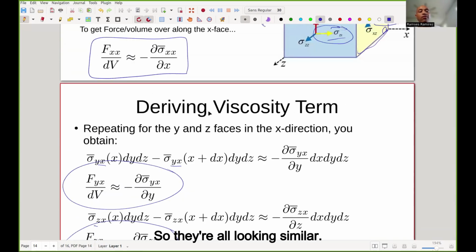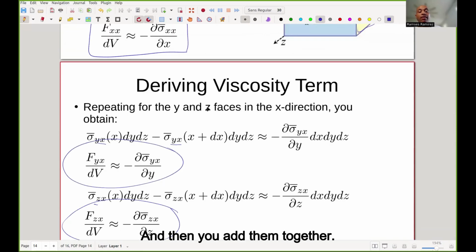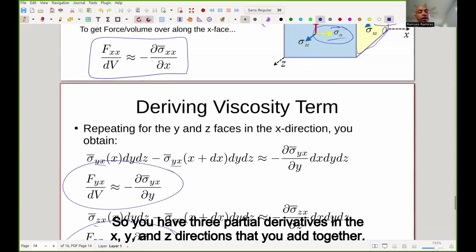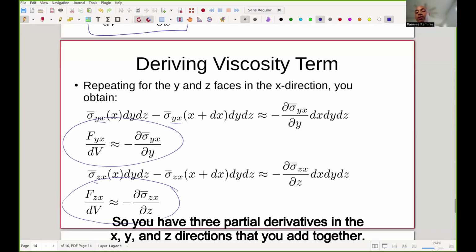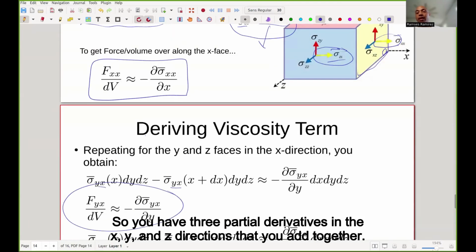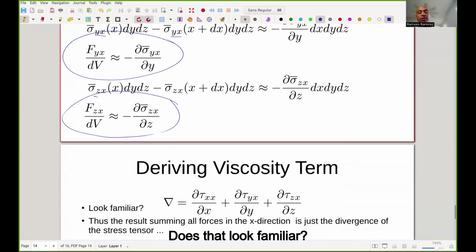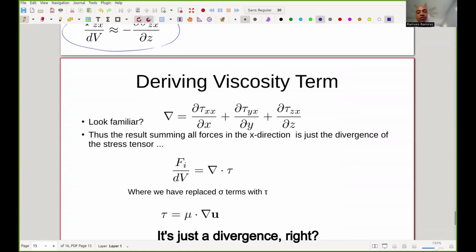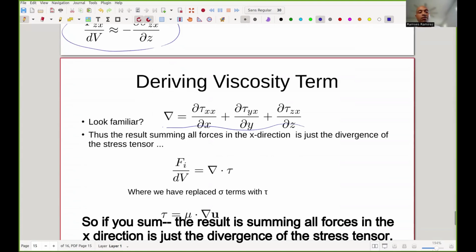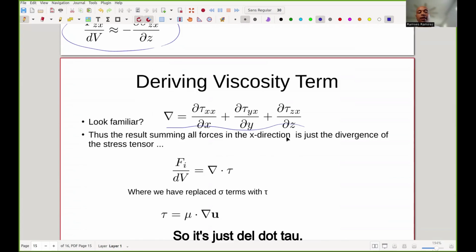So they're all looking similar. And then you add them together. So you have three partial derivatives in the x, y, and z directions that you add together. Does that look familiar? It's just a divergence, right? So if you sum, the result is summing all forces in the x direction is just a divergence of the stress tensor. So it's just del dot T.